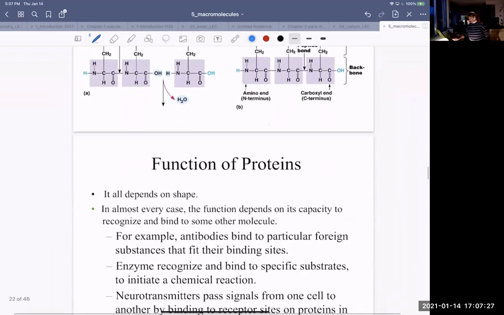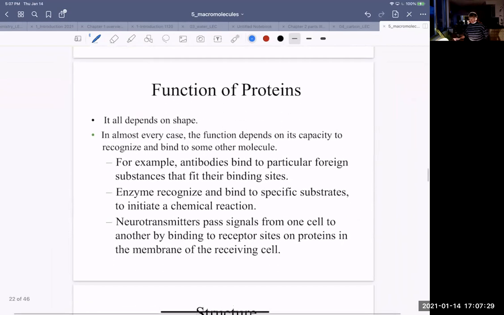And the functions are numerous, and they totally and completely depend on shape. Like the hemoglobin we saw in the Nottingham professor's talk, I don't remember his name, fortunately, but remember he talked about hemoglobin, and hemoglobin's shape is what makes it function so well as an oxygen transport.